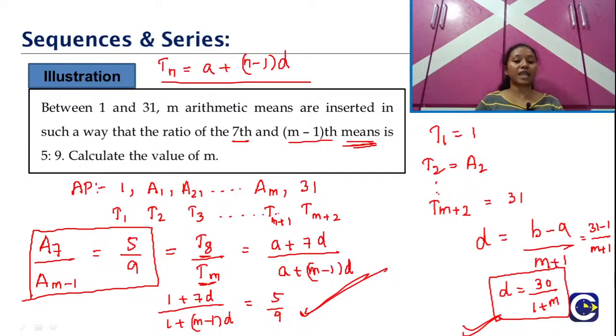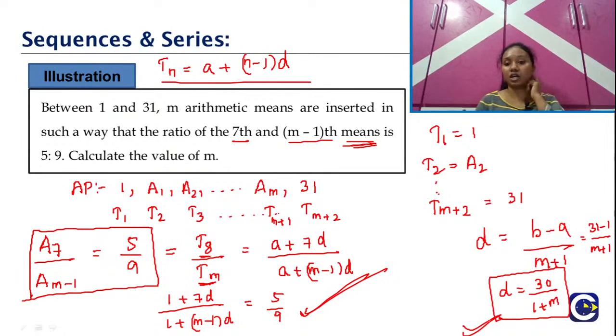So the 8th term will be equal to A plus 7D, and the mth term will be equal to A plus (m minus 1) into D. After substituting the A value 1, we end up having the ratio (1 plus 7D) by (1 plus (m minus 1) into D) equal to 5 by 9. And now we have to figure out this common difference.